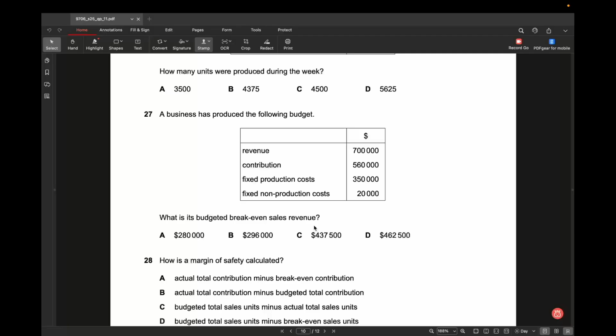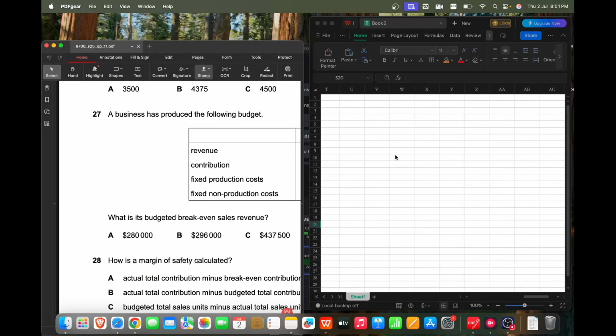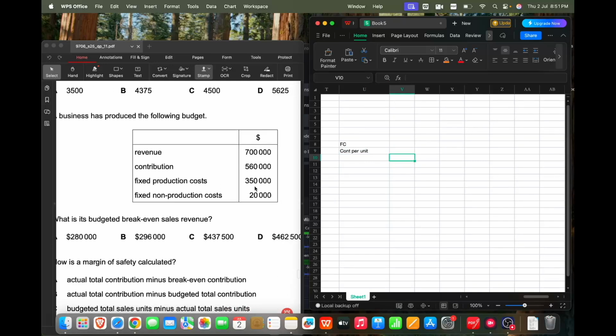Okay, in order to calculate break-even revenue sales, first we need to calculate break-even point, and break-even point can be calculated with this formula, which is fixed cost divided by contribution per unit. Now in this question we don't have contribution per unit, so there are two ways that you can solve this.